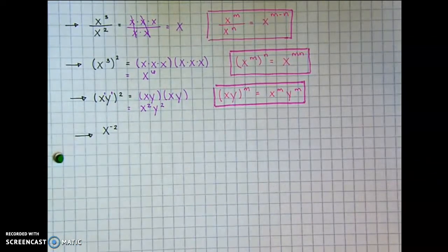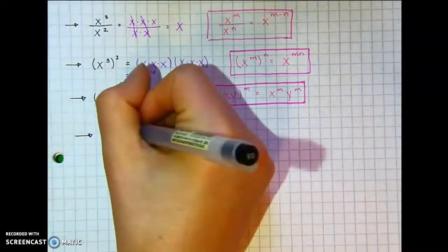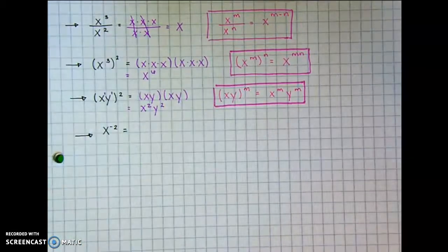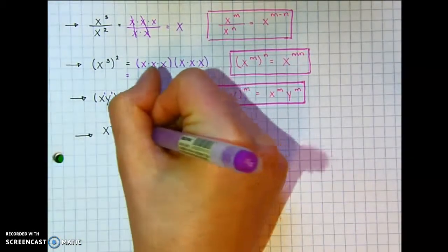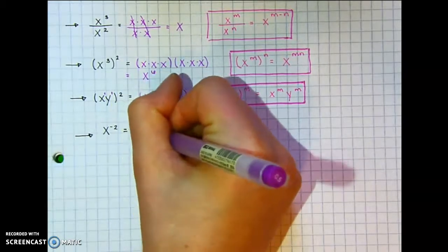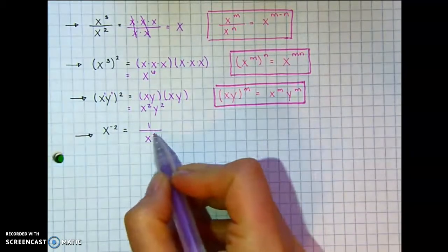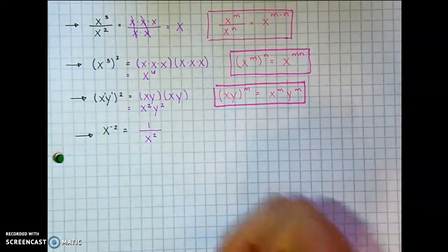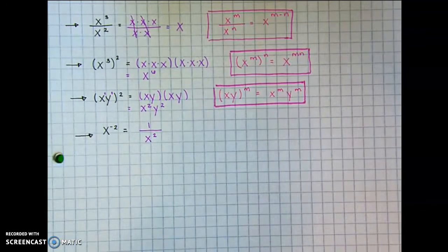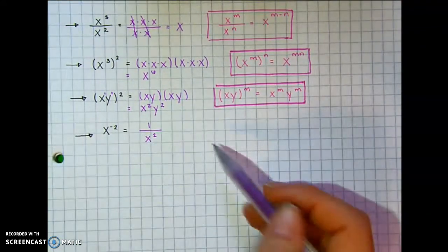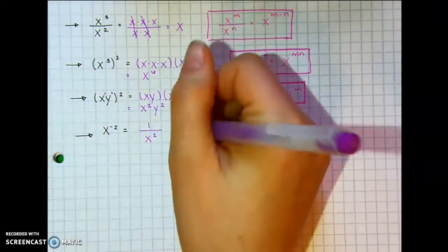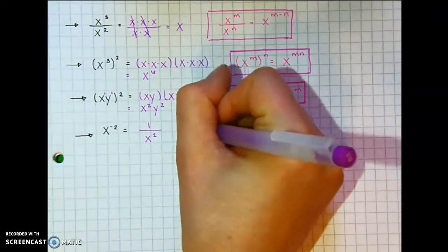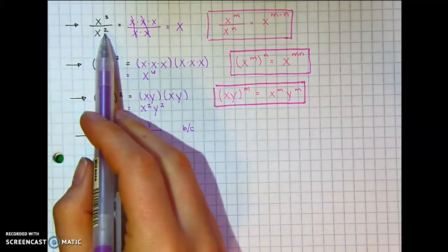So if you have a negative exponent, that's equivalent to having 1 over it squared. So the reciprocal will make it positive. And the reason for that is because of the subtraction property that we had.